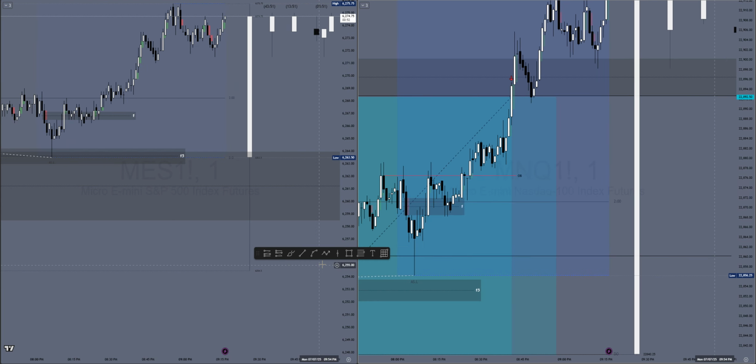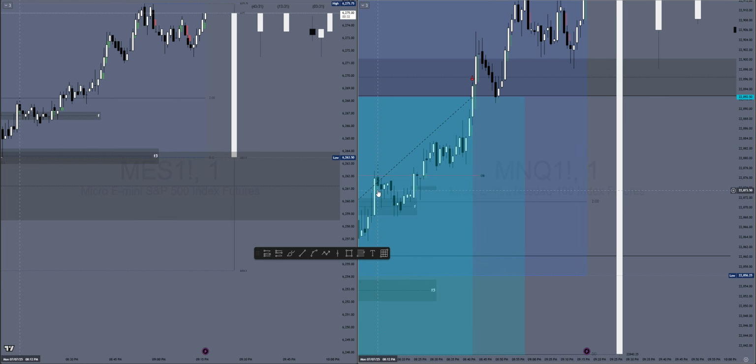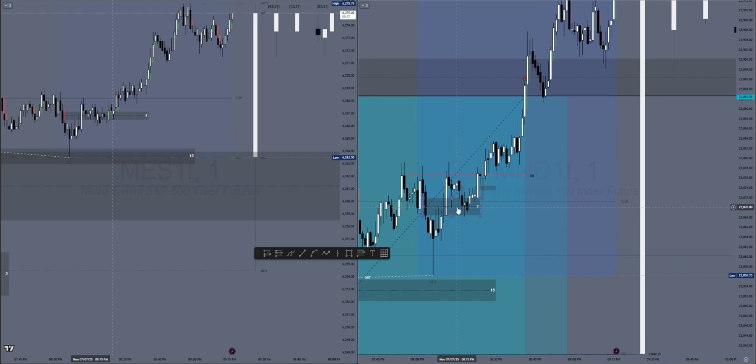If you enter off inversion fair value gaps, which is what I do, I would have scaled down, used the recent fair value gap, and entered with the stop loss down at either the wicks or the bottom of our previous respected fair value gap. I mean, yes, we have a fair value gap right here, but I mostly just had my eyes on this to know what is a support level, you know what I mean?